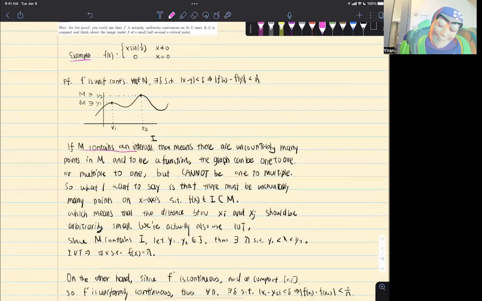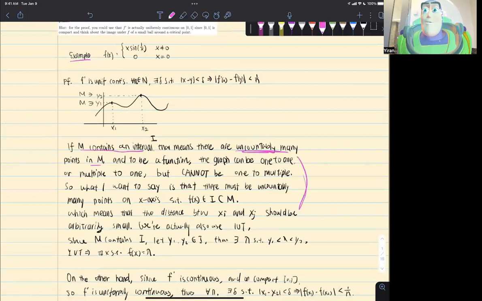So suppose that M contains an interval. This means that there are not just uncountably many; this word is inaccurate. There are many points in M. Here I basically interpreted a little bit about the definition of function, because the function could be one-to-one or many-to-one, but it cannot be one-to-many because that's not the definition of a function.